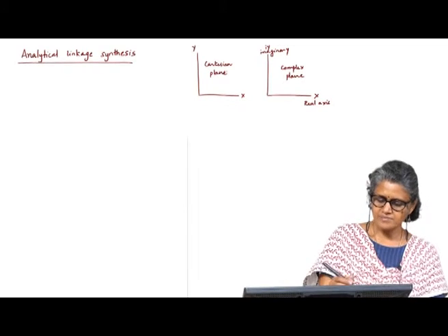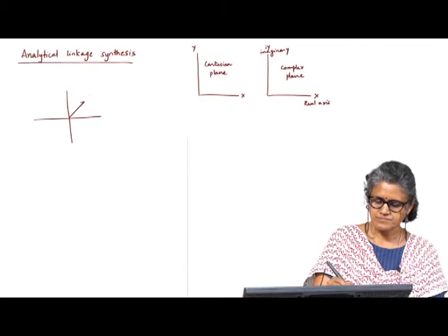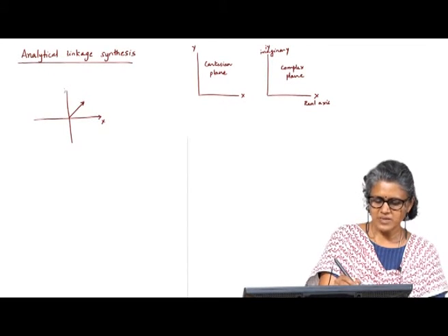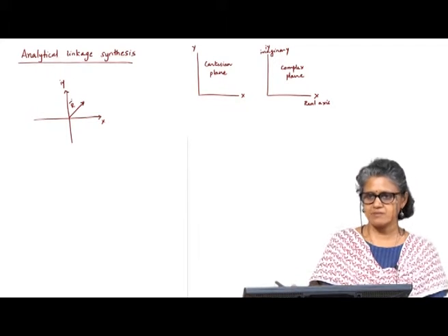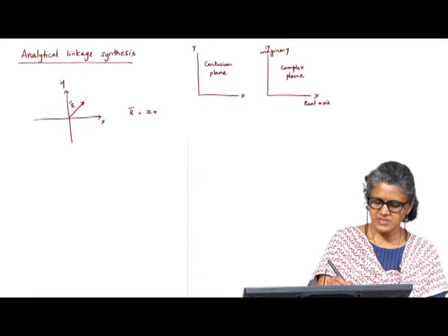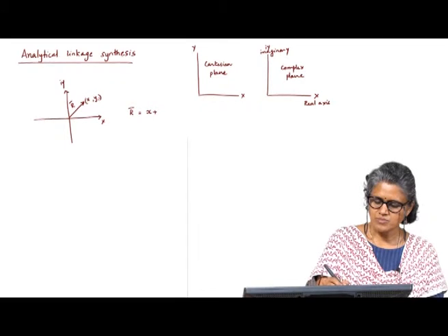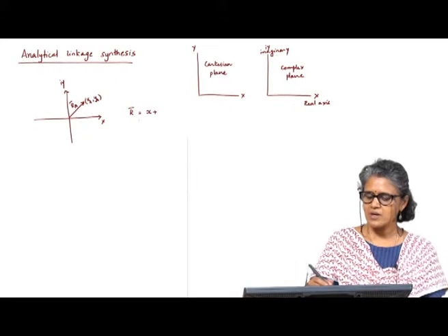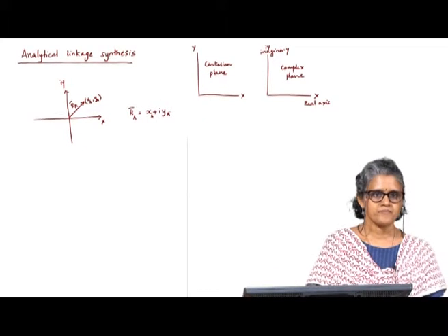So, if I look at a vector in this complex plane, let us just call this point A. Then R_A is X_A plus i Y_A.